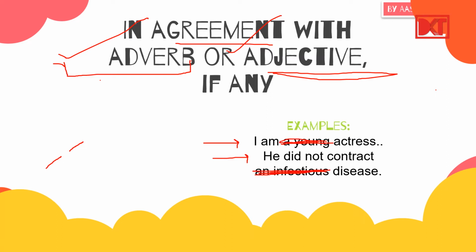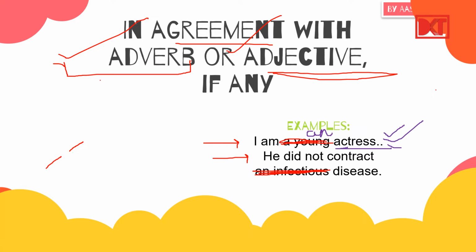I am dash actress. Actress is singular, it is a countable noun, but it is beginning with a vowel sound. Vowel sound. Actress, a. That's a vowel sound. So here the article used will be an.